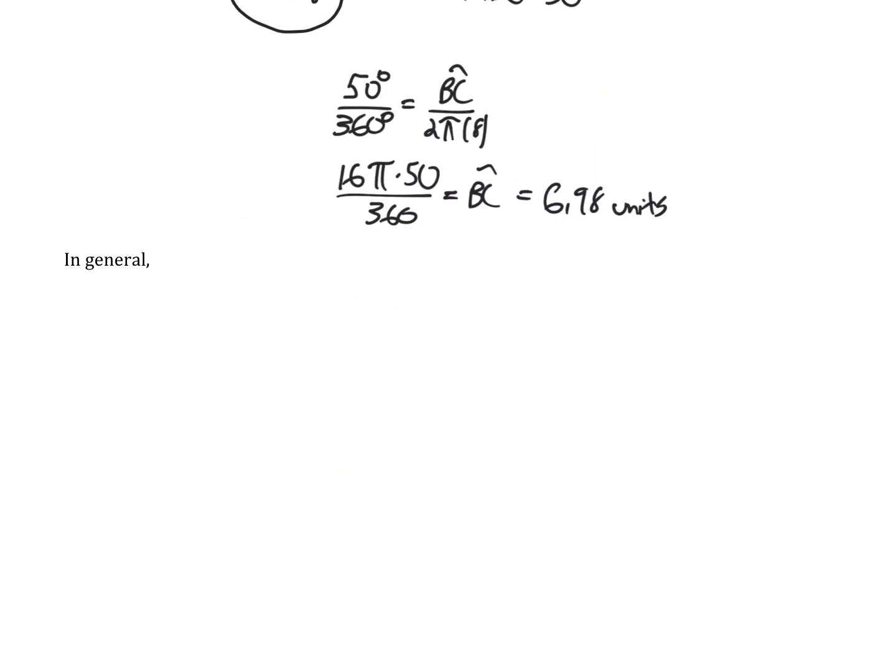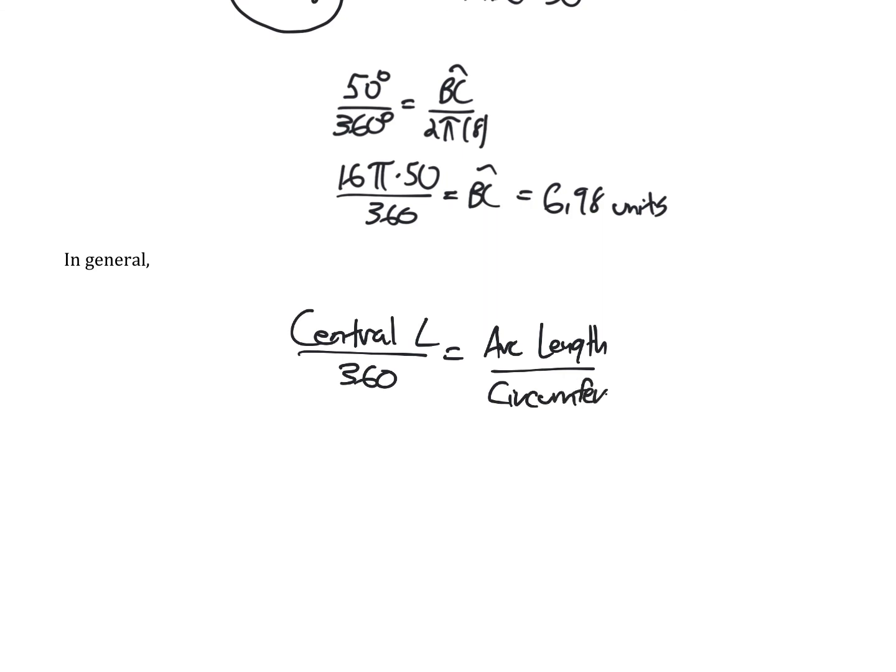So in general, similarly to the sector area, to find the arc length, it's just going to be central angle over 360 should be equal to your arc length over your circumference. Okay, that's simple.